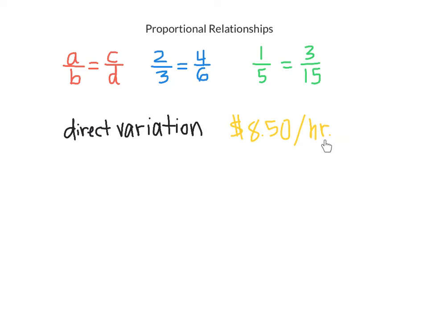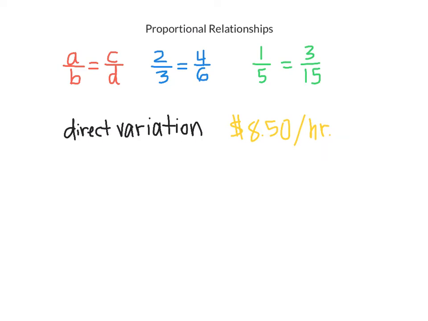So again, this is a proportional relationship. It's 8.50 to 1. And then if we wanted to know how much that person would make in 7 hours, we could write out that proportion: 8.50 is to 1 as how much is to 7, and we could solve that.